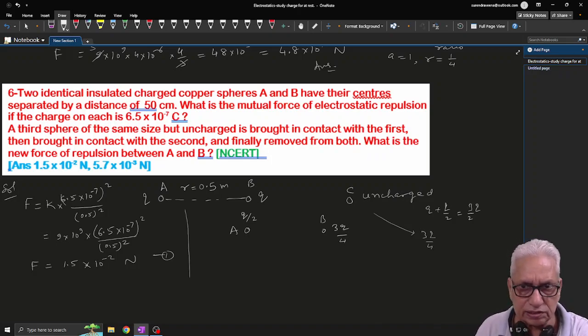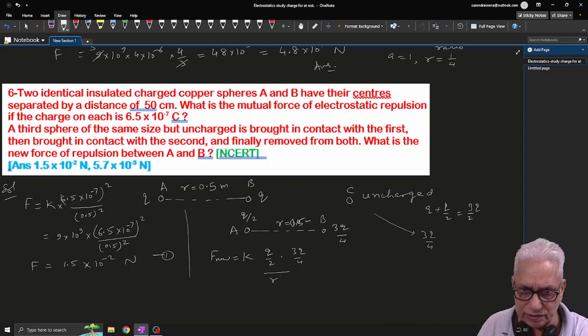But in the question, C is removed. Now the new force between A and B, the distance is the same, 0.5. So the new force will be K into Q by 2 and 3Q by 4 upon r square.